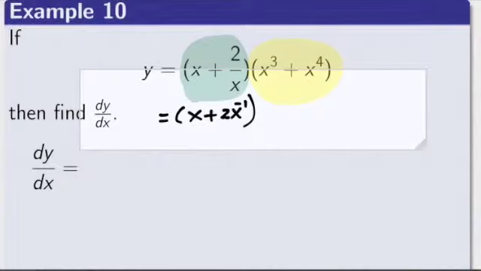We can write 2 on x in a non-fractional form by taking x from the denominator up to the numerator. We would negate the index. So the index of x is 1. When you negate it, we have x to the minus 1. The second function is in non-fractional form, so we will leave it as it is.